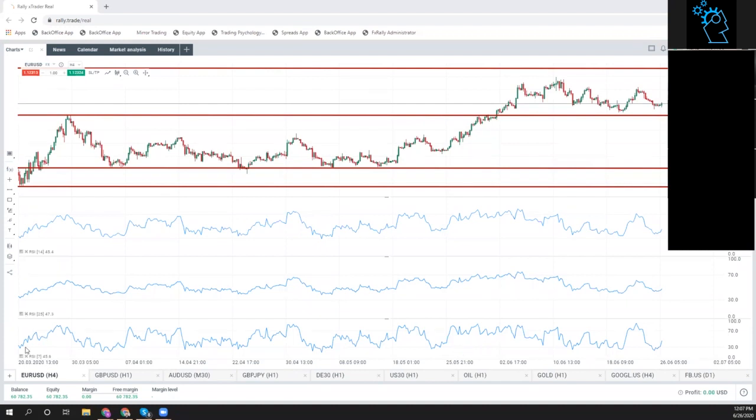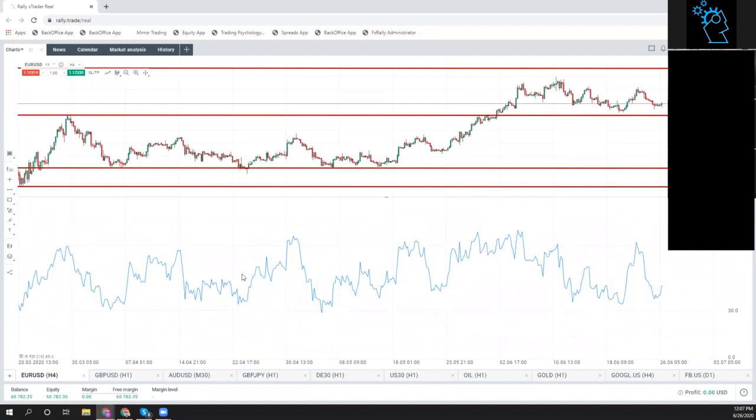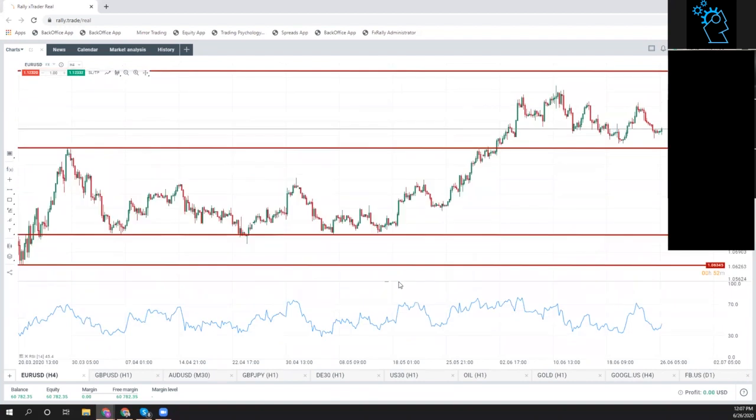Let me just remove the 7 and the 25 period RSI. I'll be using mostly the 14 period RSI due to the fact that my trading style is done, I would say, 70 to 80% of the time on H1 and 30% sometimes on H4, as you can see here, to just look at the larger overview for a certain instrument.